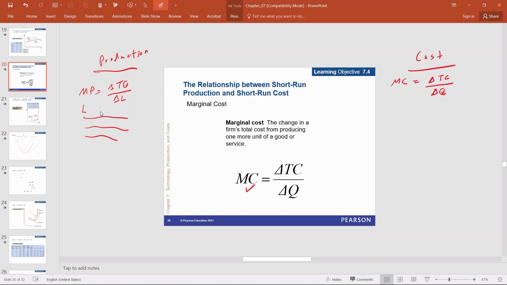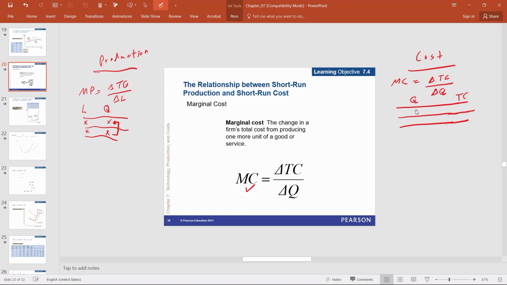So if you have a table, you see the level of workers and the level of production. And if you go from one level to another, marginal product is the difference between this number and this number. But in cost, you have the level of production and the level of total cost.